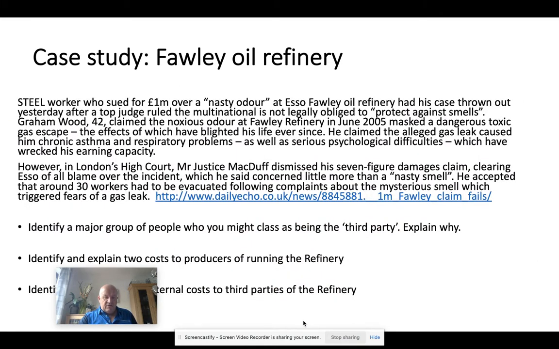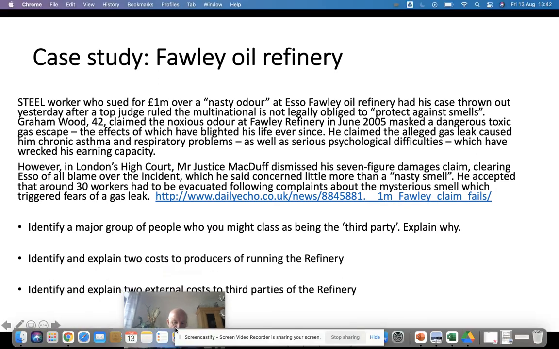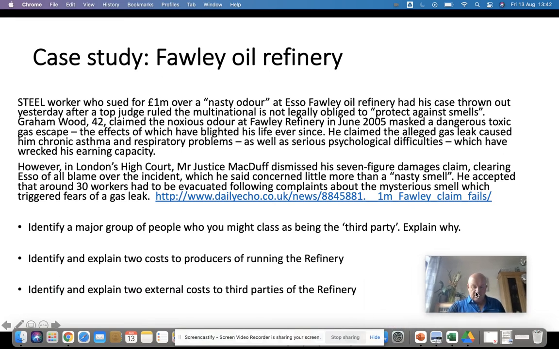However, there are, in this case, some issues around that. On the slide here, it tells you a little bit about the case where there are significant pollution issues, and also some questions for you to answer. So, identify the major group of people who you might consider to be a third party, and why they would be a third party.